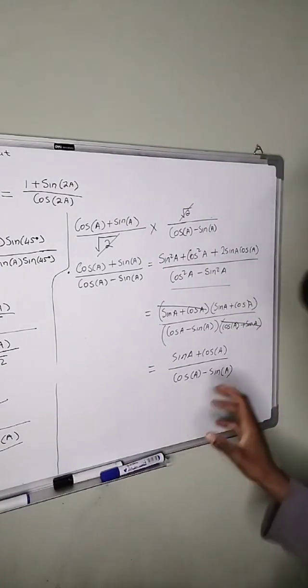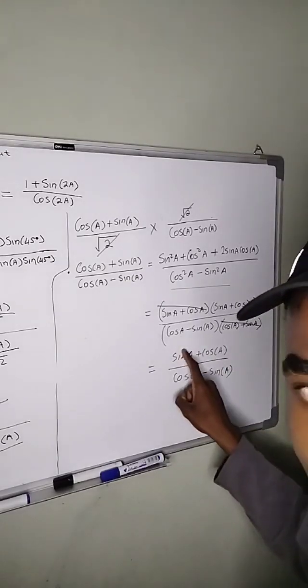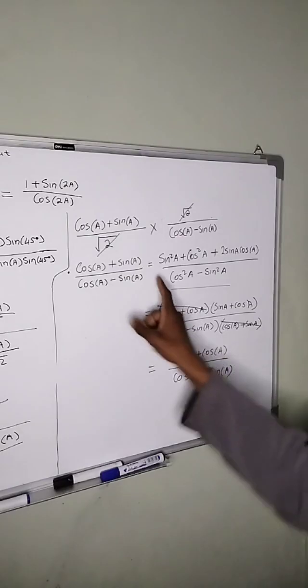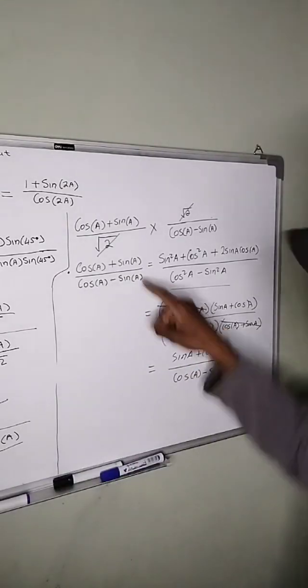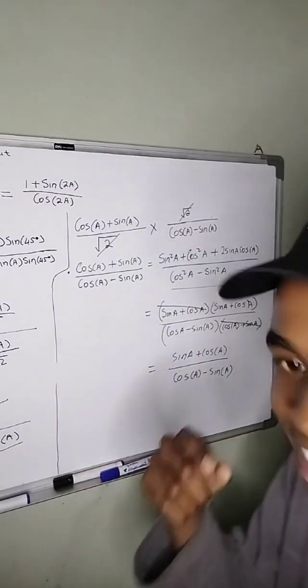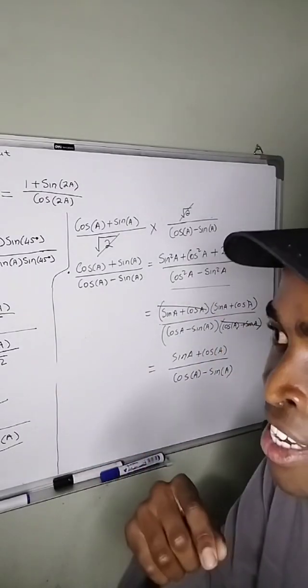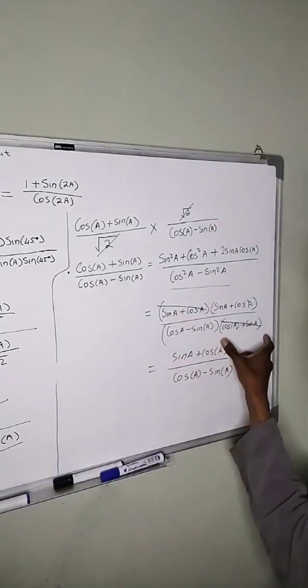The conjugate will still work because this is the conjugate of that. Because if I multiply this with the conjugate, remember, we are not multiplying this with just one term.